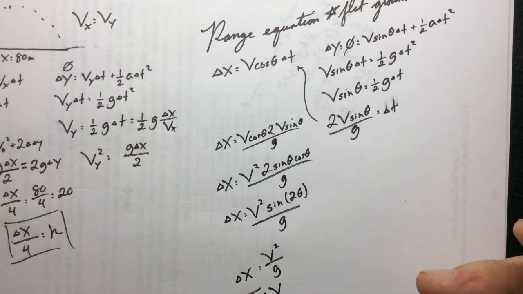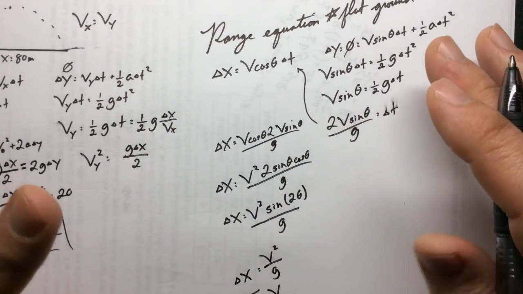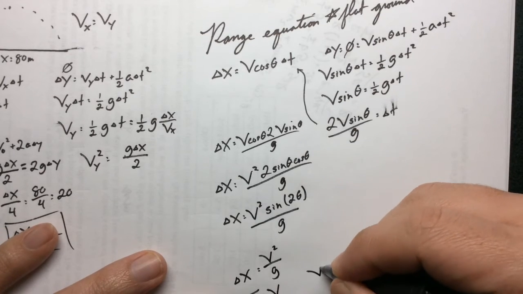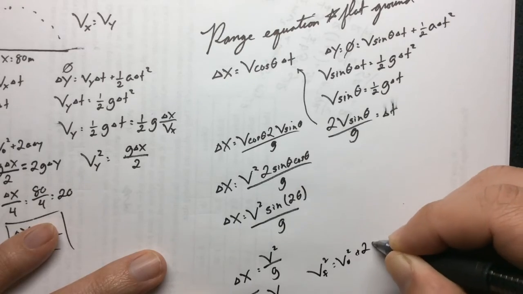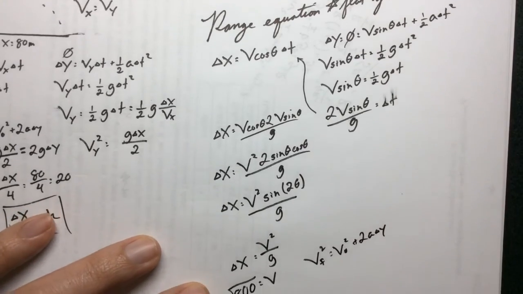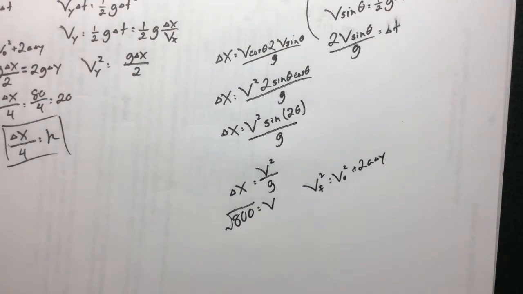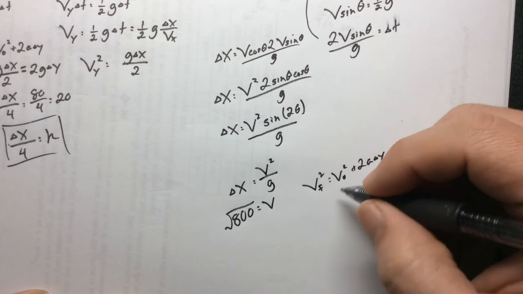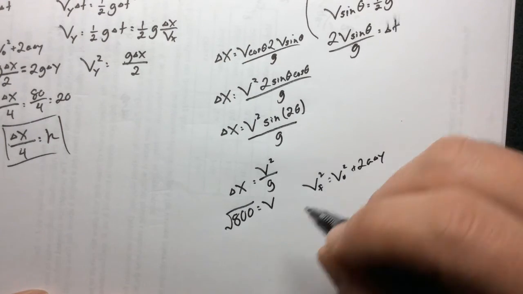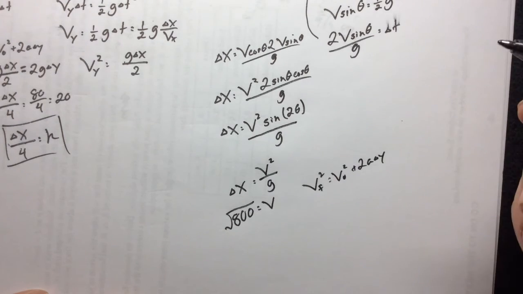All right? If we wanted to find the maximum height, then again we don't have time, all we have is velocity here now and acceleration. We would just plug it into this equation: vf squared equals v naught squared plus 2a delta y. If we know that the final velocity is 0 for maximum height, then our initial velocity v naught is actually going to be this thing, but the vertical component of it.